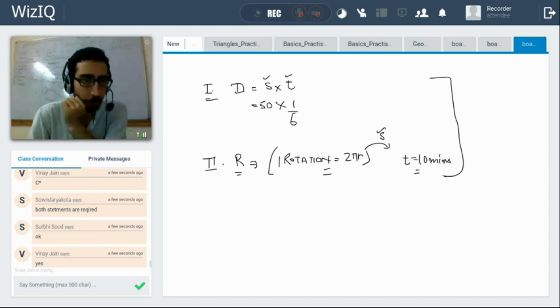And how will combining statement 1 and 2 help? You have the distance, 50 by 6 miles.